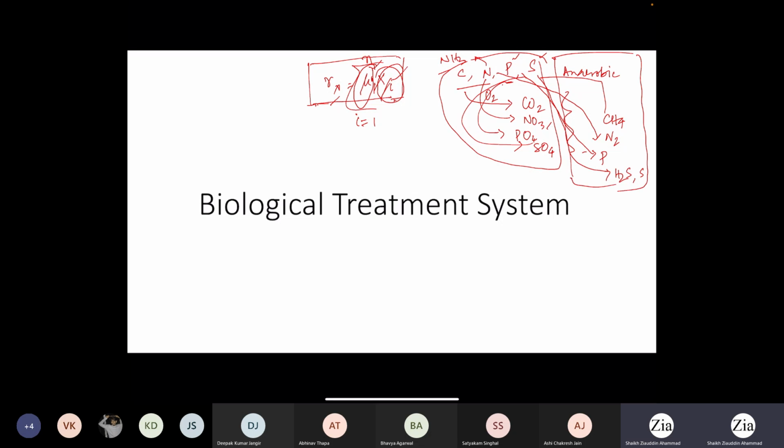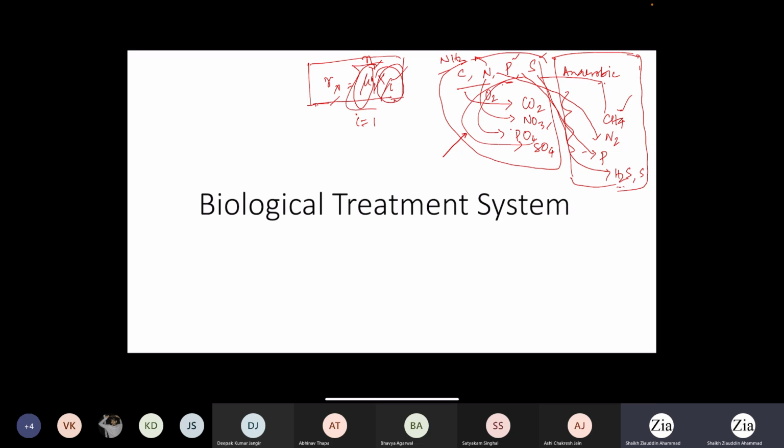Whereas the advantage for anaerobic system is you don't need any aeration. So that means you need to just maintain the reactor in anoxic or anaerobic condition. Whereas for aerobic reactor, you need to continuously supply oxygen. So oxygen supply is also an expensive affair. So treatment cost is more in aerobic compared to anaerobic. And another advantage of anaerobic is that at the end of treatment, you are getting methane, which has some calorific value.